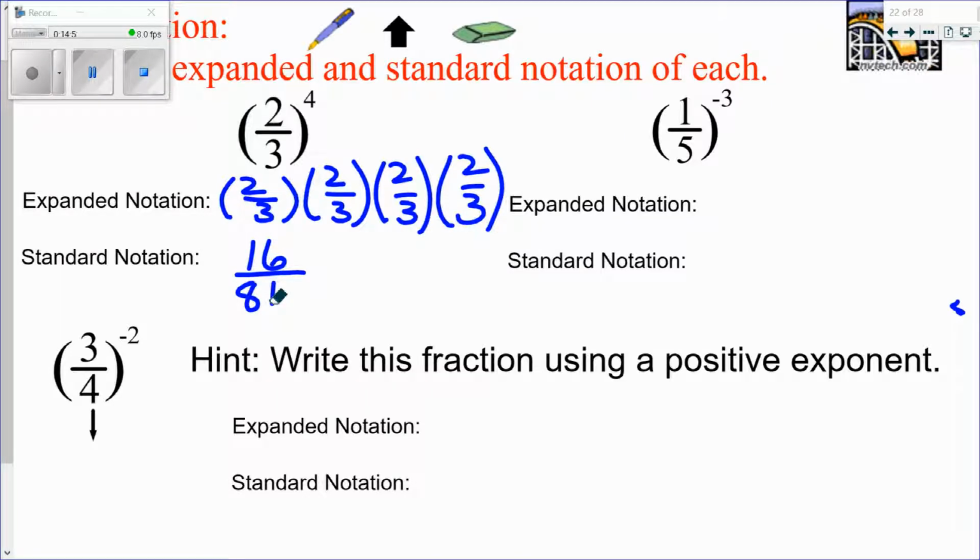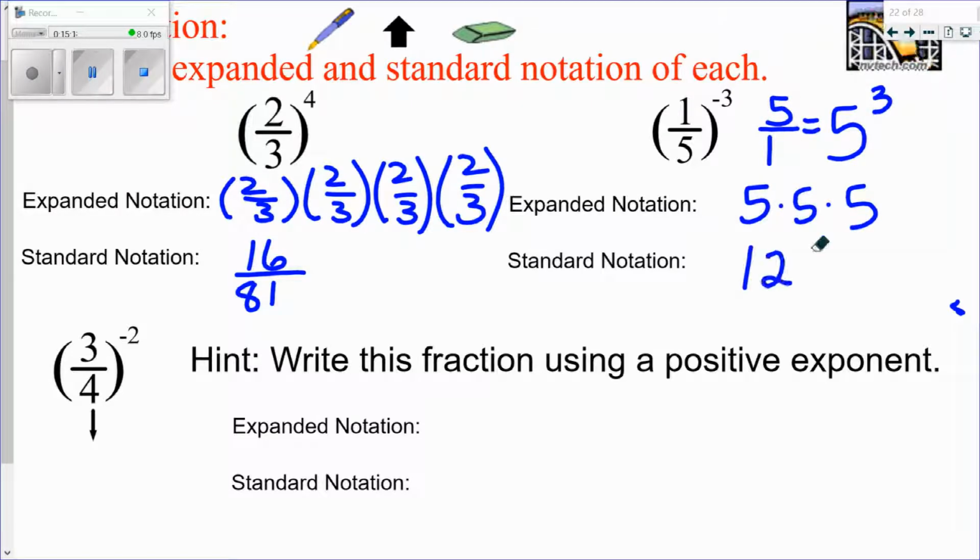Now, this follows the rule: I have a negative exponent. Do its reciprocal, it's a fractional base, so it becomes 5 over 1, which equals 5, and make the exponent positive. Now it's 5 times 5 times 5, which equals 125.